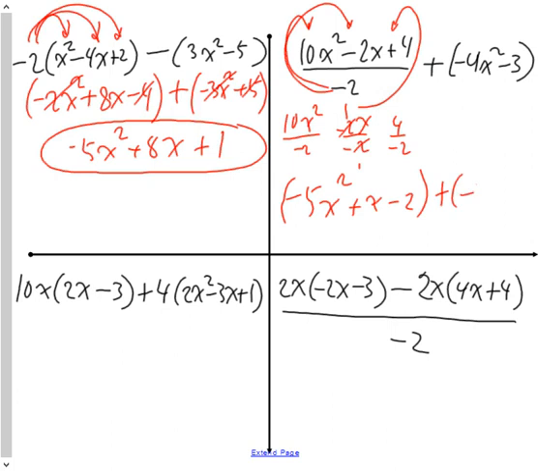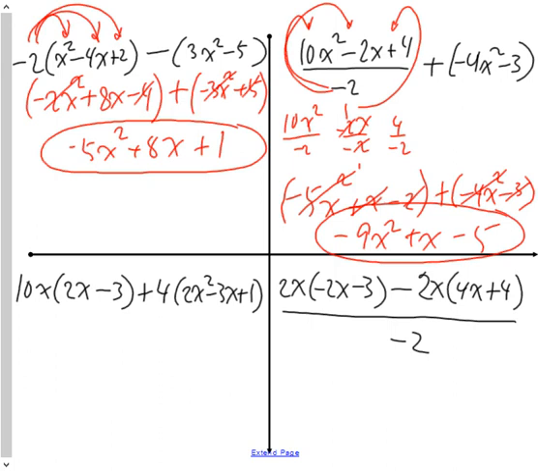To that, we're going to add this binomial. When you gather your x squareds, you're going to have -9x squared. When you gather your x's, you just have that 1x, and -2 and -3 will be -5. And that's your solution.